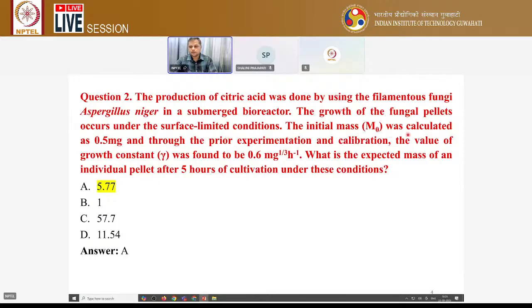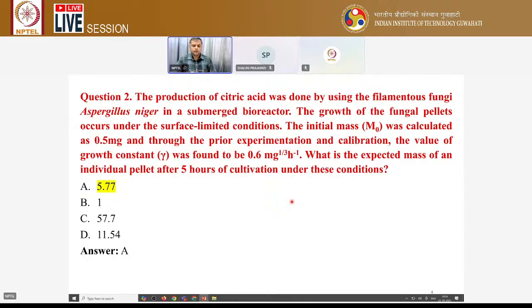The initial mass was calculated as 0.5 mg, and through proper experimentation and calibration, the value of the growth constant was found to be 0.6 mg to the power 1/3 per hour. Now we need to find the expected mass of an individual pellet after 5 hours of cultivation under these conditions. Before we go ahead, if you remember, we discussed this.